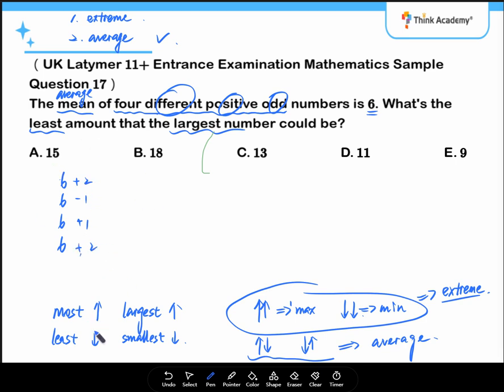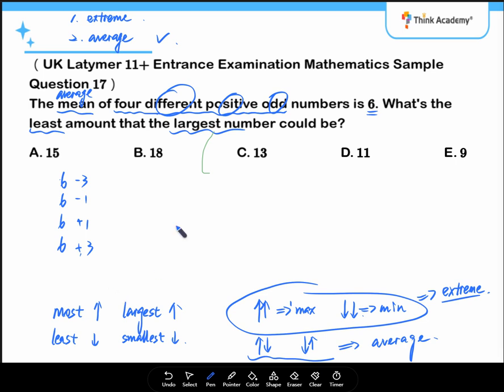Can we do something like this? Yes or no? Why not? Because this makes it even. Am I right? So pay great attention. We can take away 1 and then plus 1, but we can't take away 2 and plus 2. What we should do is take away 3. Right? Okay, very good, I can find 3 in the screen. So take away 3 and plus 3.